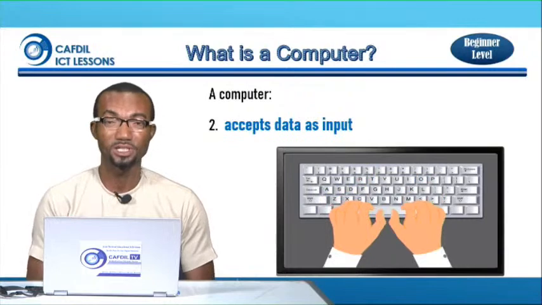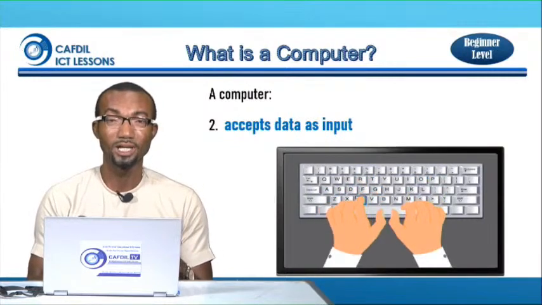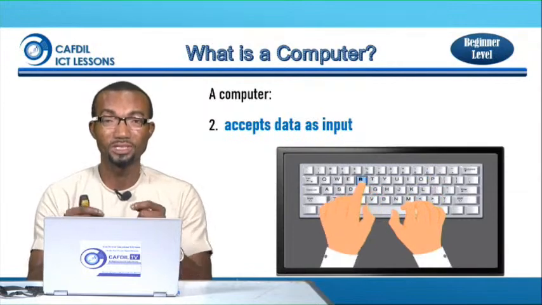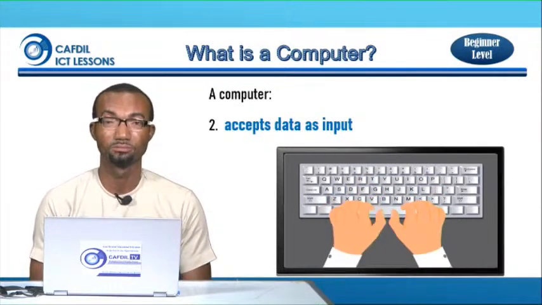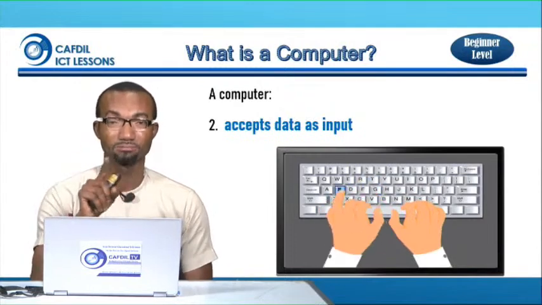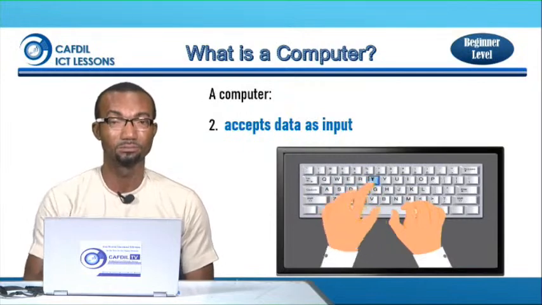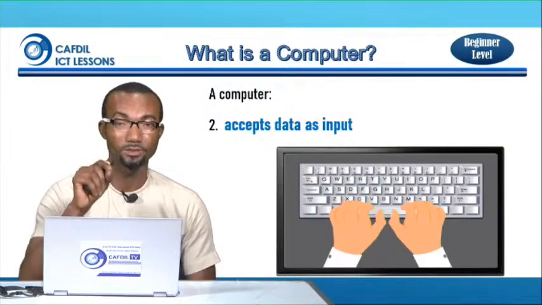The keyboard you see on your screen is not the only tool that is used to feed data into the computer system. You may have a phone with no keypad, and what do you use? You use the touch screen to feed data into the phone.